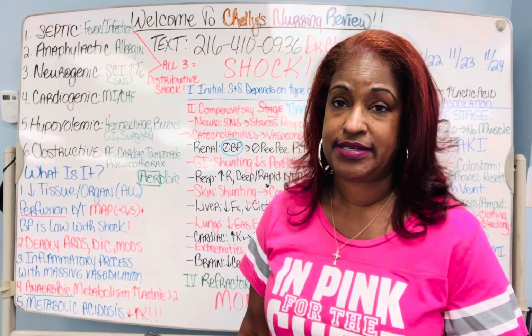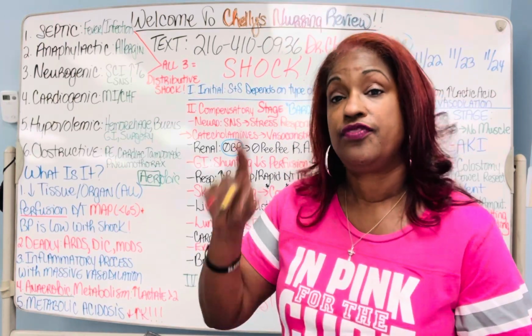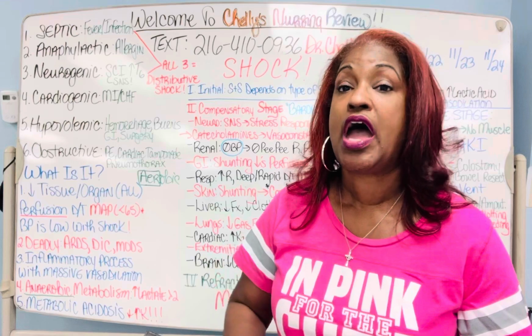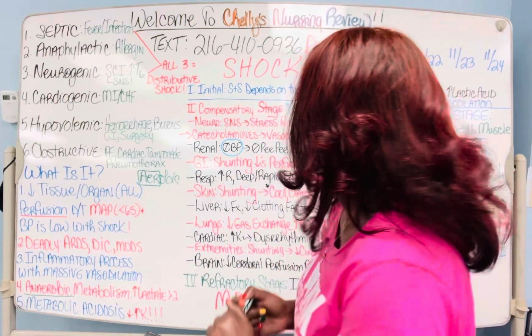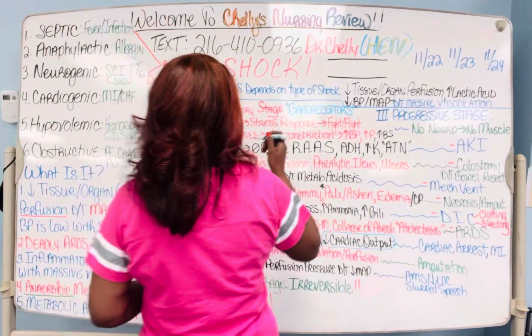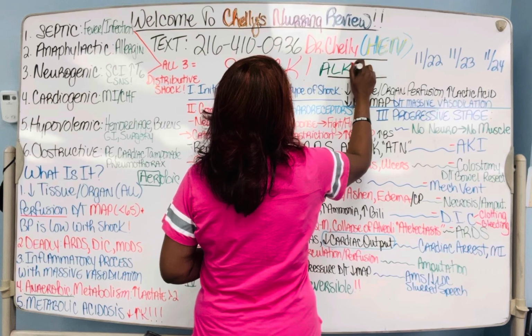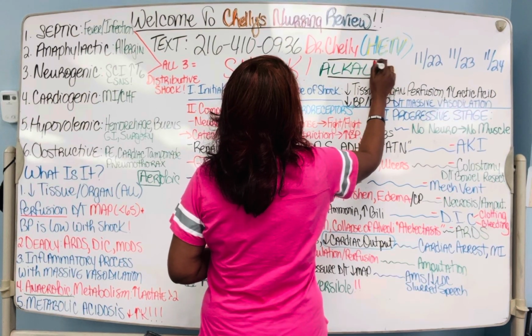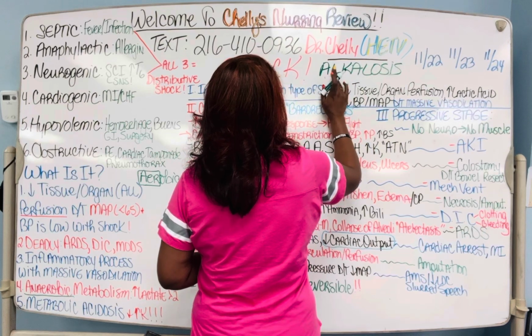Don't forget your basics. Whenever I'm talking about acidosis, the potassium is high. When I'm talking about alkalosis, watch this. If I'm talking about alkalosis, which, by the way, I'm not.